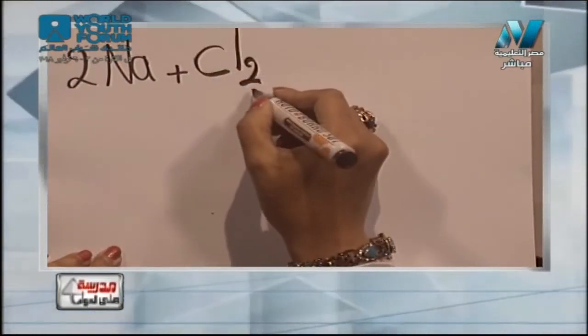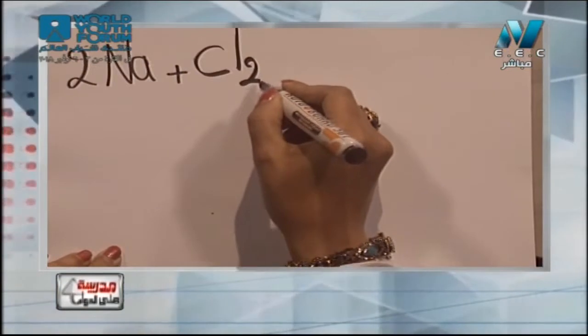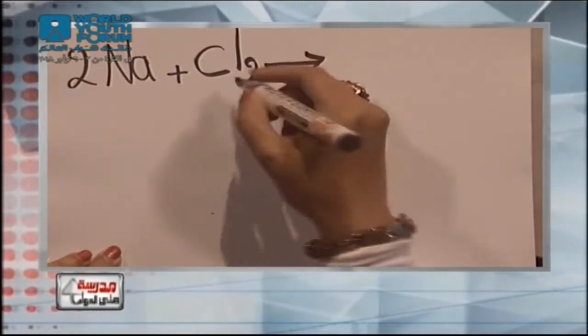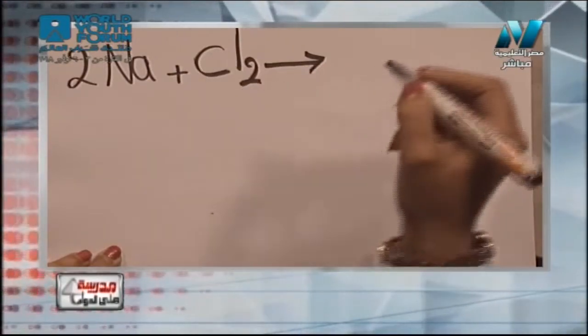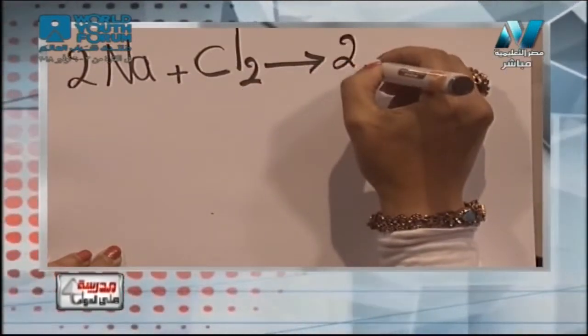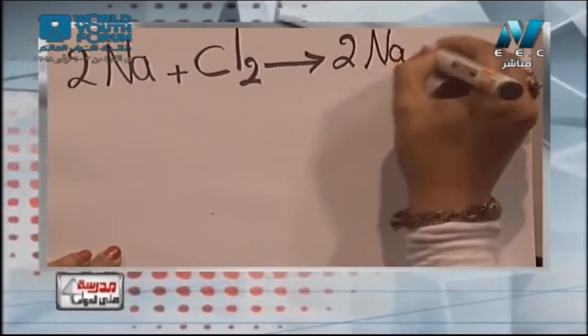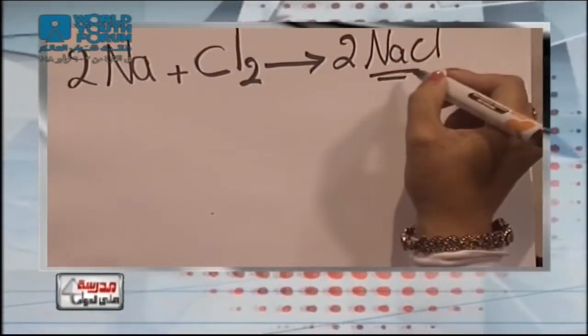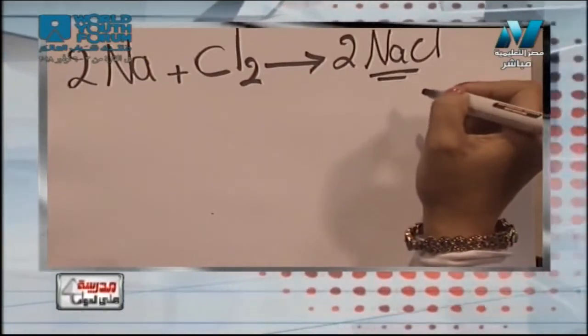Why Cl2? Because they are very active, so they are not found in the single state. The molecules are diatomic. Okay, they combine together forming 2NaCl, which is salt, sodium chloride, and this is known as table salt.